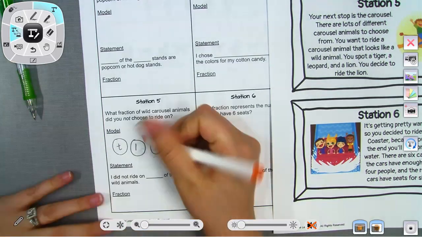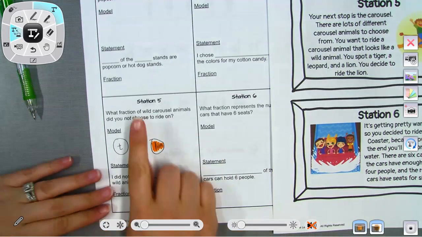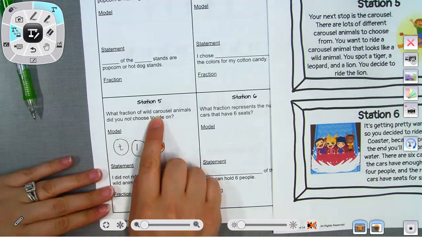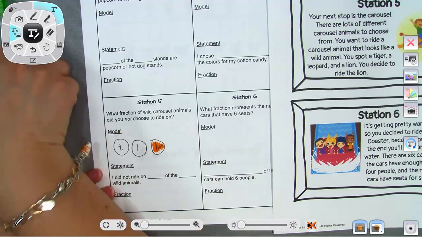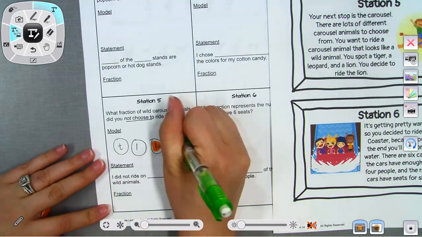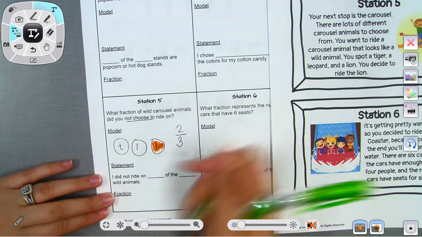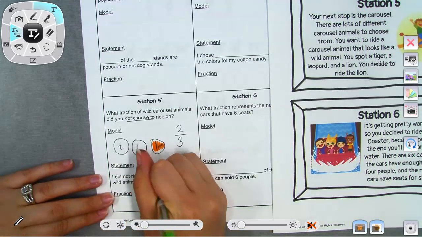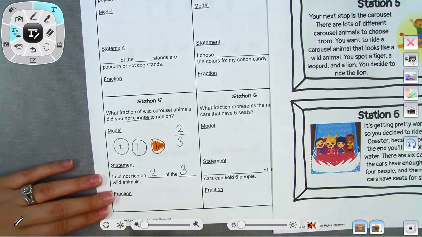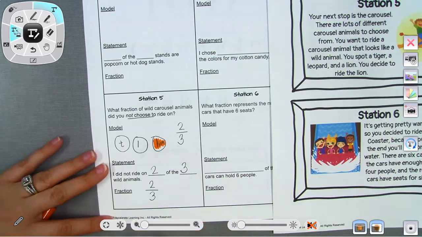So I'm going to color the lion in because you're going to ride it. Okay, so which fraction of wild carousel animals did you not choose? So look over here. How many did you not choose? 2 of them out of 3. So I did not ride on 2 of the 3 wild animals. So my fraction would be 2 over 3. Okay.